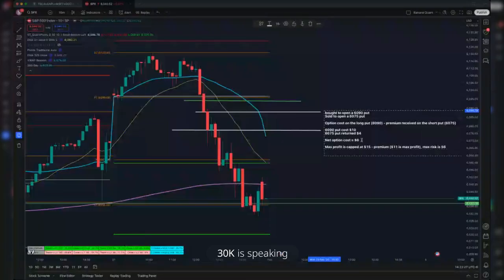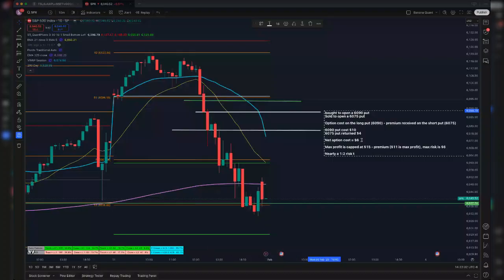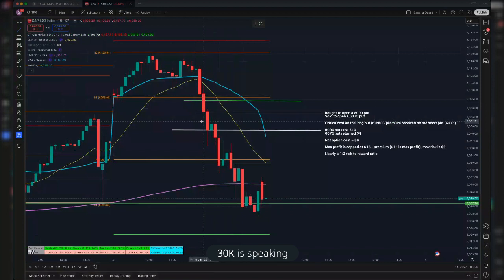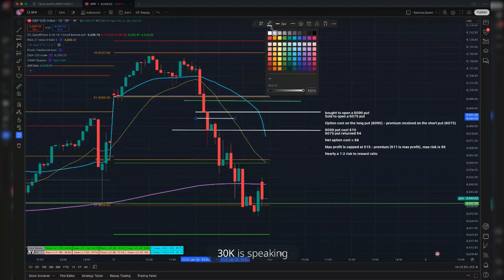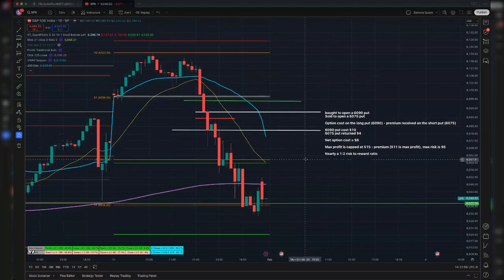So that's nearly a 1 to 2 risk to reward ratio, right? And so in this case, where we had the $6 premium, right around here, and I'll put this as a red line, this is the point that price has to close below in order for you to make money.